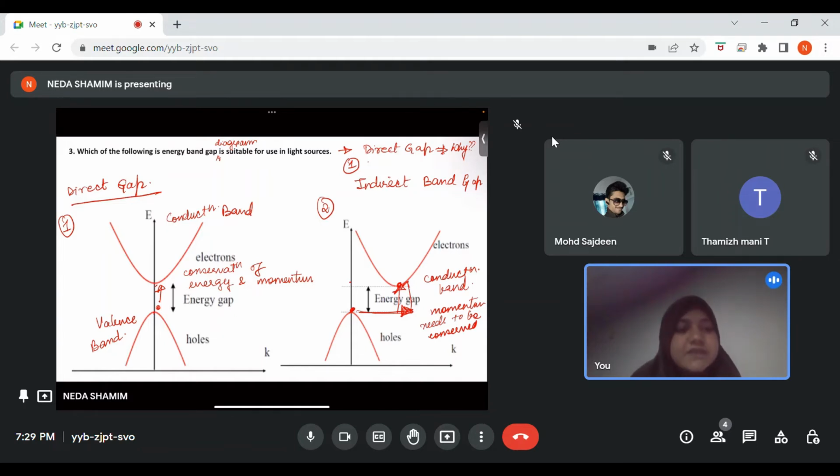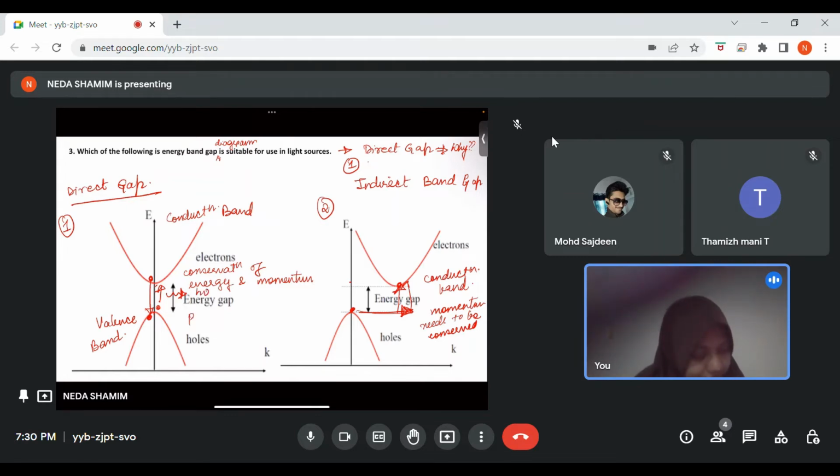So what happens in an LED, a light emitting diode, is that when an electron is in the conduction band, it comes back and recombines with the hole, and in the process it emits a photon.